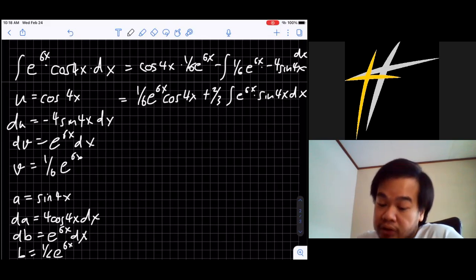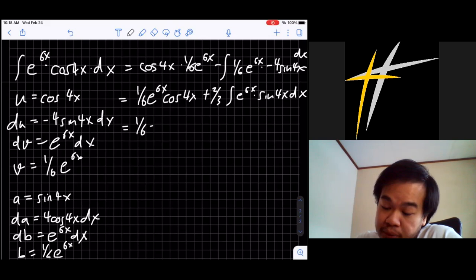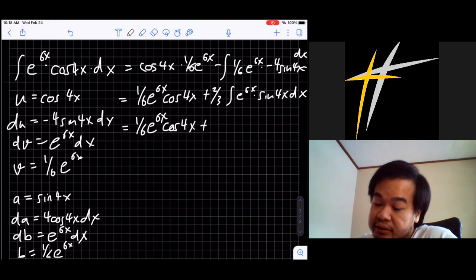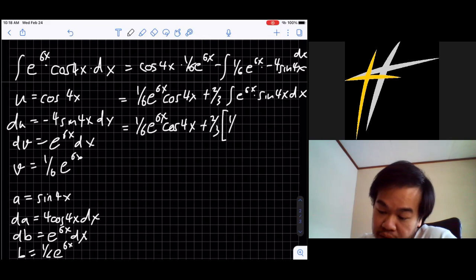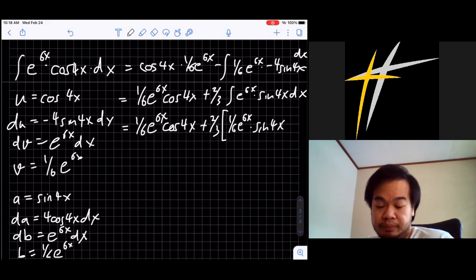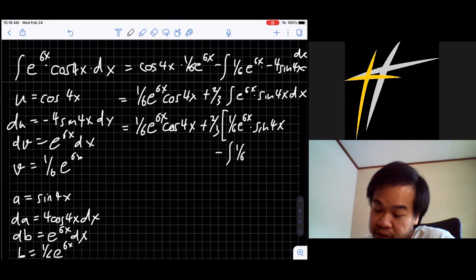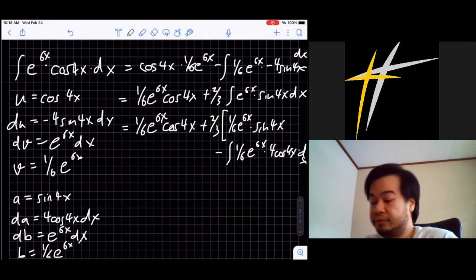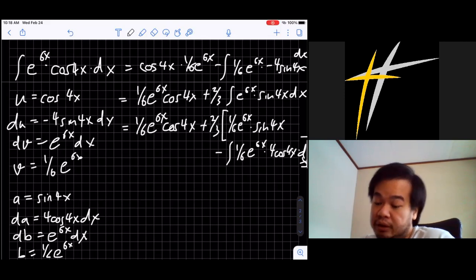Okay, so it's equal to 1 over 6 e power 6x cosine 4x plus 2 over 3, and then what we have here is a times b, 1 over 6 e power 6x times sine 4x, a times b, minus integral of b dA, so 1 over 6 e power 6x times 4 cosine 4x dx. I hope you follow.